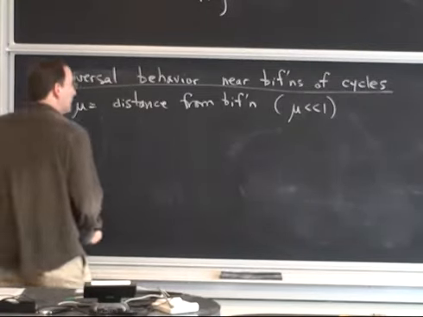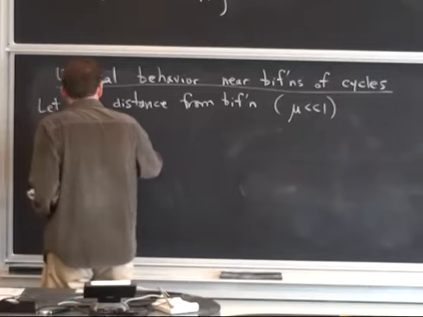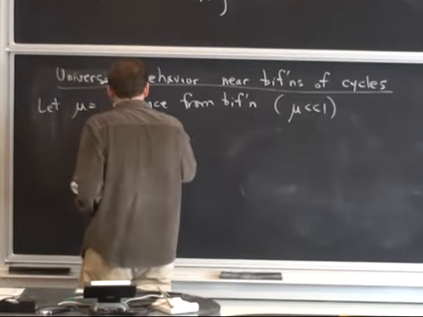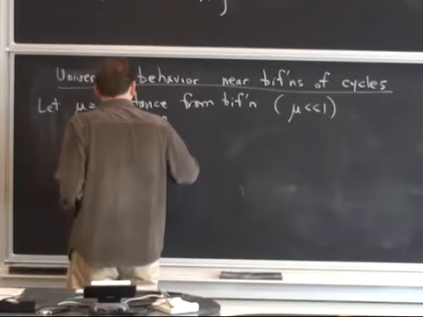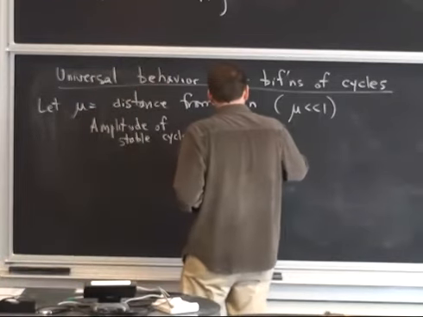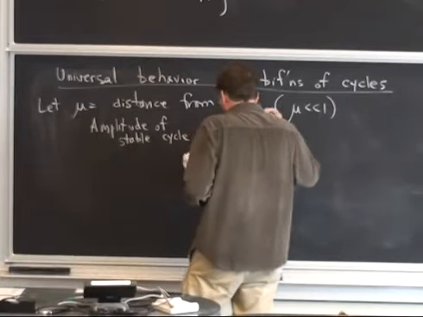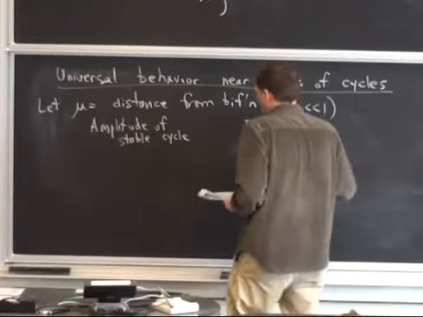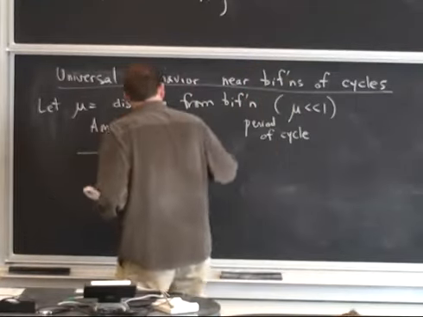Then we could ask what's the amplitude of the stable cycle when it exists, after it's created or before it's destroyed, however you want to look at it, and the period of the cycle, again, near the bifurcation.